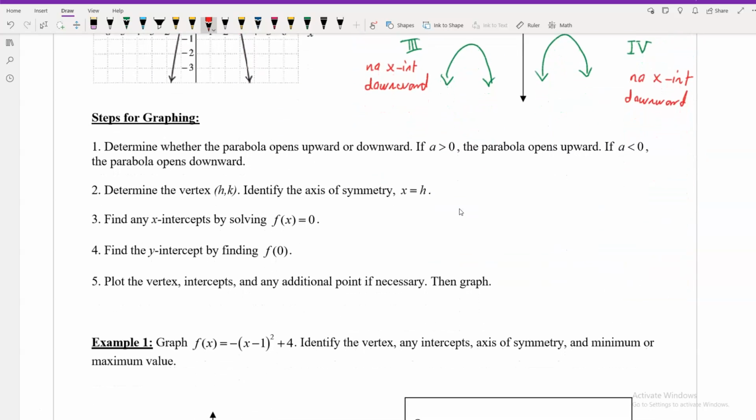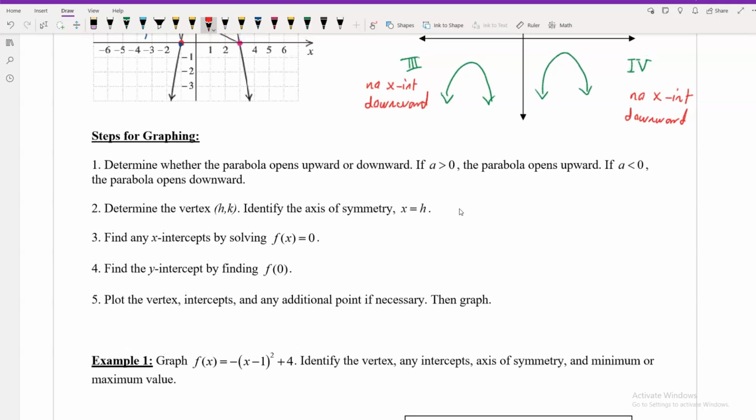Steps for graphing. Determine whether the parabola opens up or down. If a is greater than 0, that's upward. If a is less than 0, it's downward. Then find the vertex, which is (h, k). Find the axis of symmetry, that is x equal to h. Find any x-intercept by solving f(x) equal to 0.